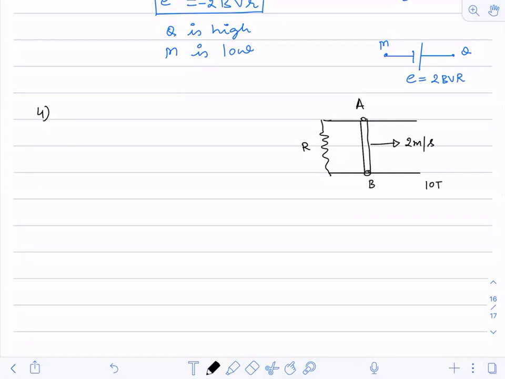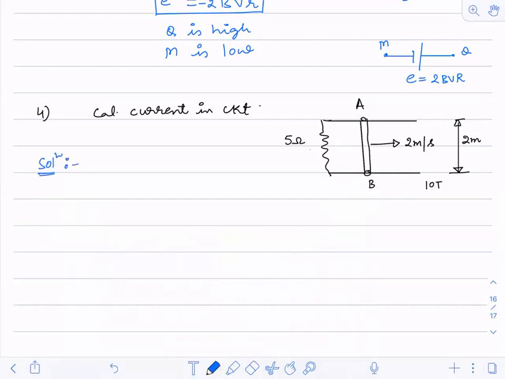The value of resistance I'm giving to you is 5 ohms. Is it fine? The length of the rod is, suppose, 2 meters. Calculate current in the circuit.